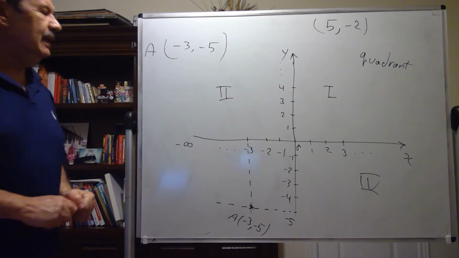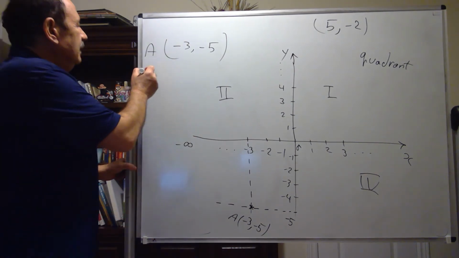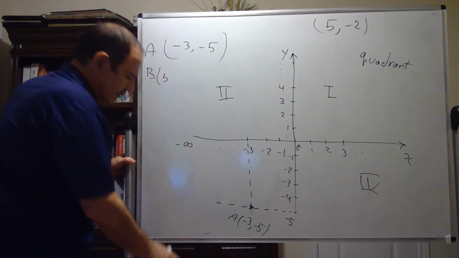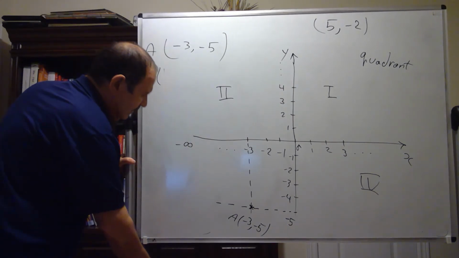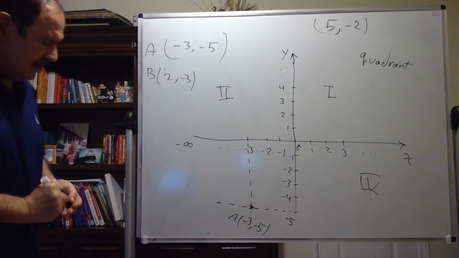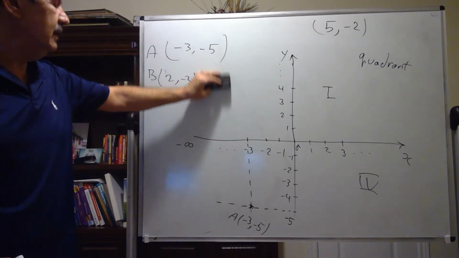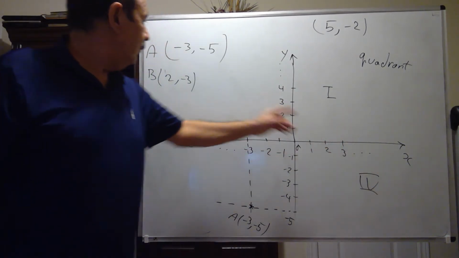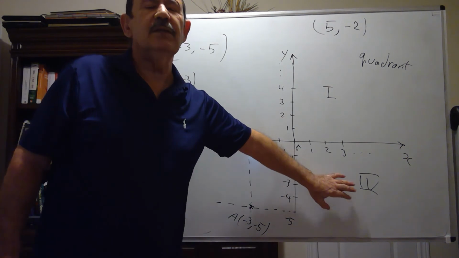One other example: I want to graph the point B with the coordinate of 2 and -3. First of all, where is the location of this point? X is positive, y is negative, so it's quadrant 4.